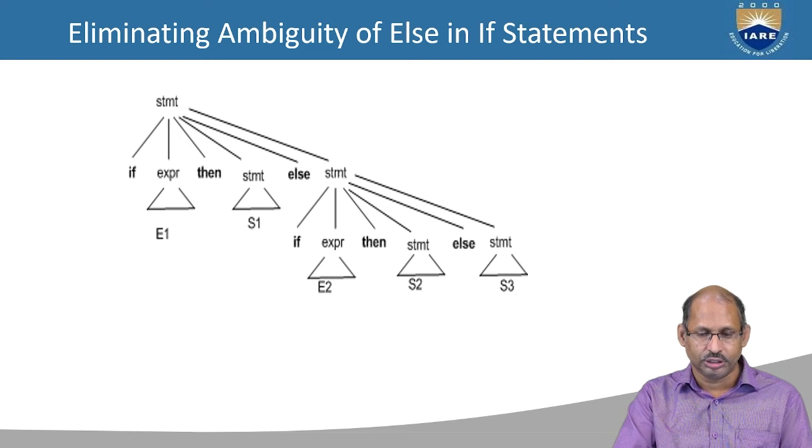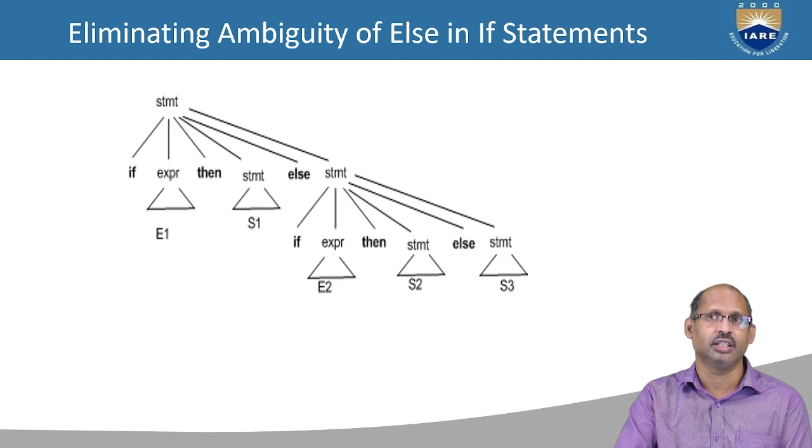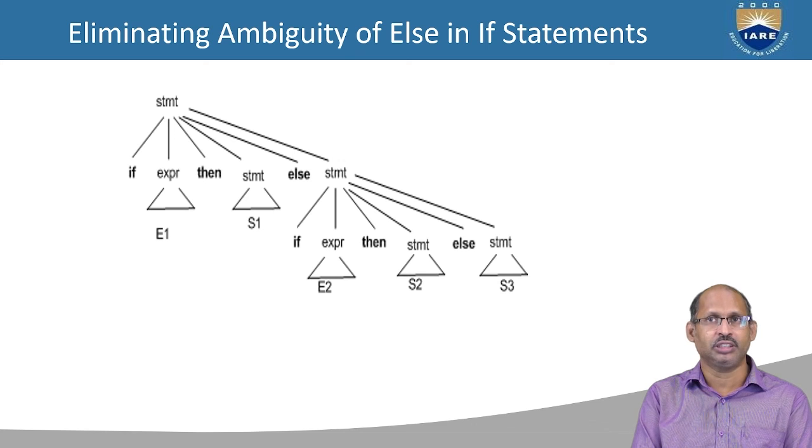So here it is once again accepted in the form if-then-else. A statement equals if expression then statement else statement. The statement once again has if expression then statement else statement.